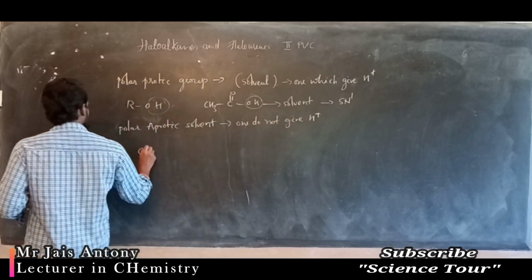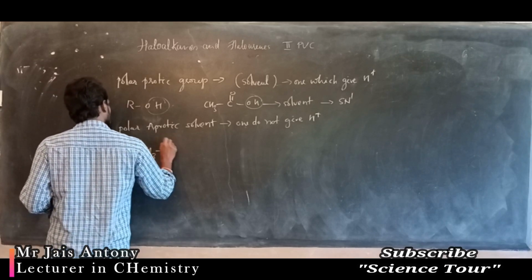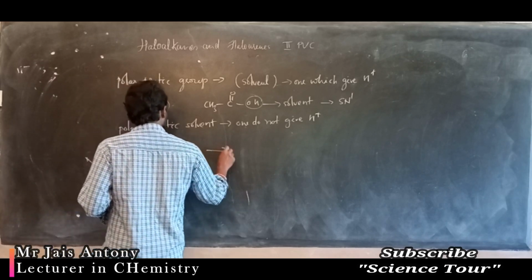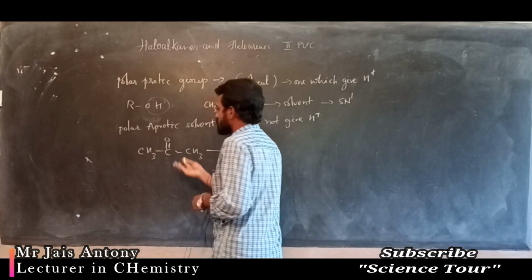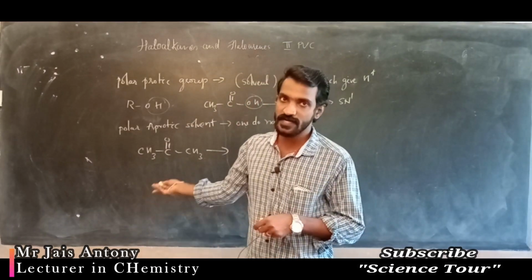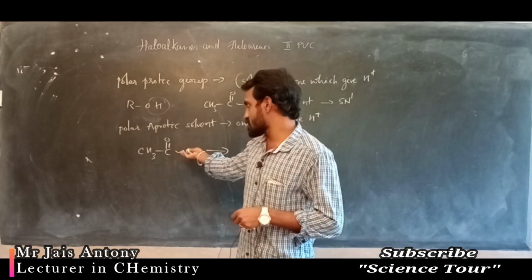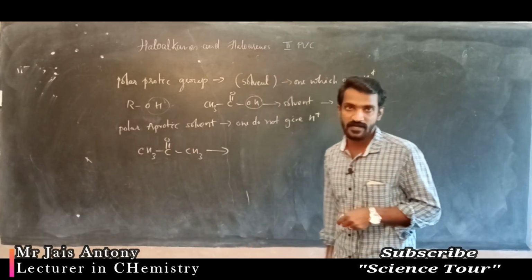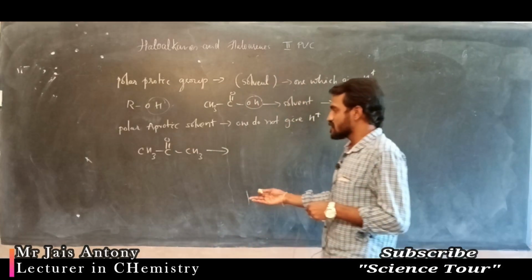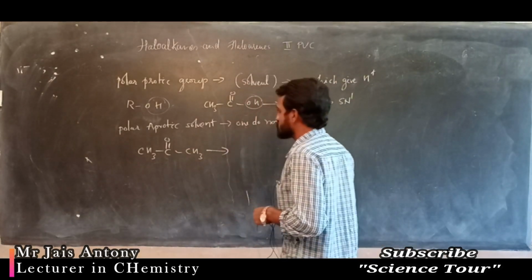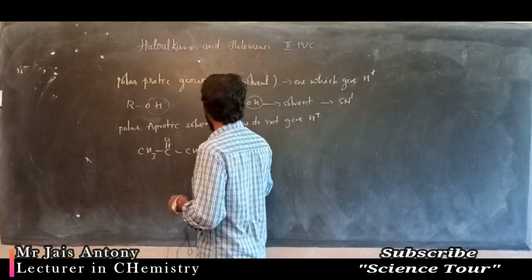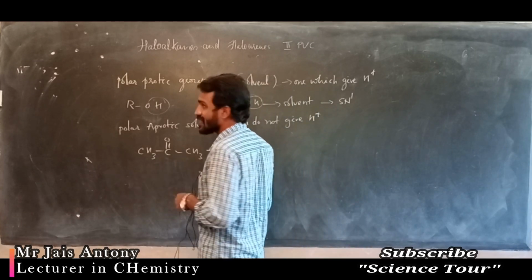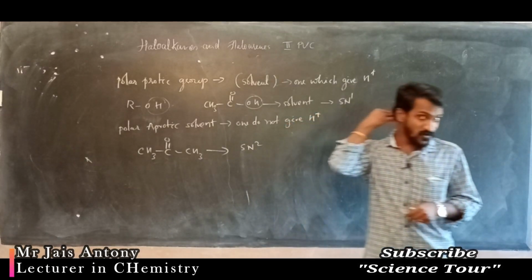For example, acetone, CH3COCH3. This is polar aprotic. There is a hydrogen, but it is not ready to give it. Understood? So one which does not give H plus is called a polar aprotic solvent. It always favors the SN2 reaction. Note down this.